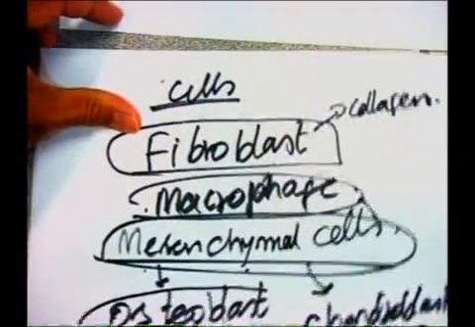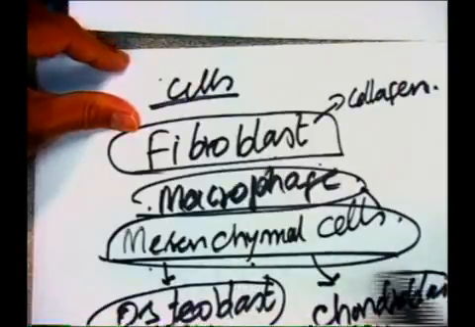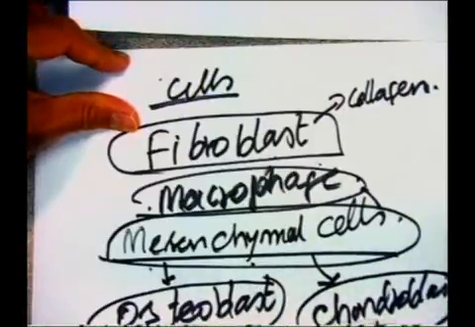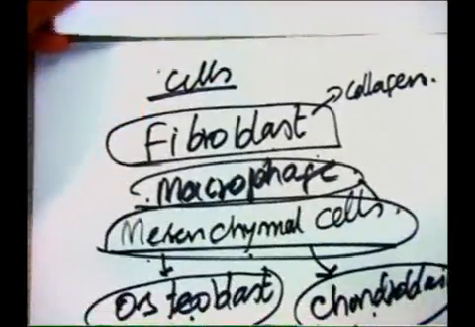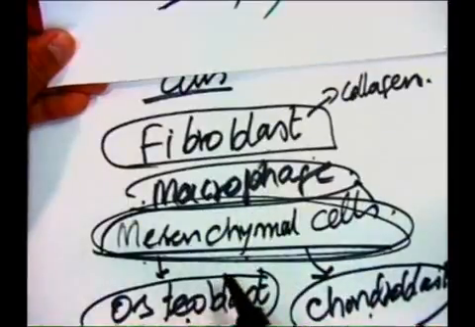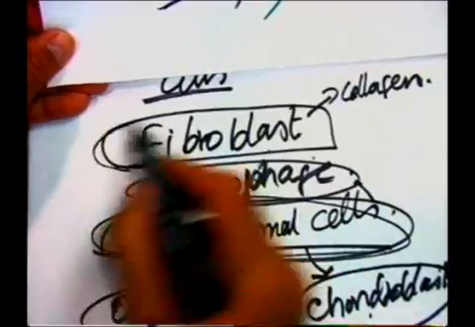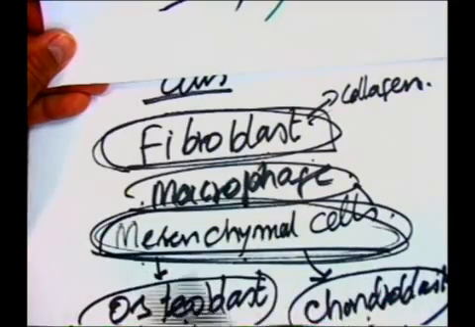So some of these cells, osteoblast, a bone cell. Some of the cells present in the connective tissue are chondroblasts, where you get the cartilage. So the bone and cartilage are all derived from the mesenchymal cells. Some of them are the macrophage. So predominantly the fibroblast is for the fibers and the mesenchymal cells are for other substances that can be secreted out.